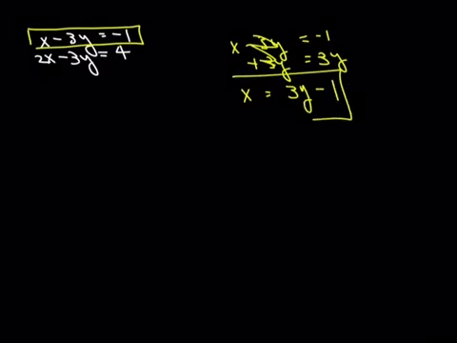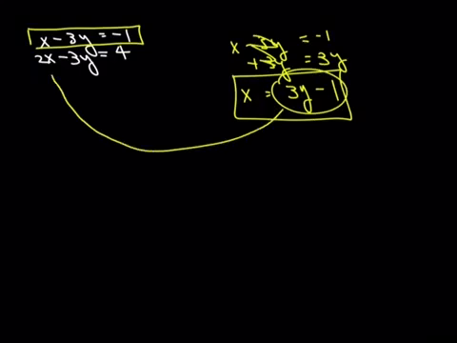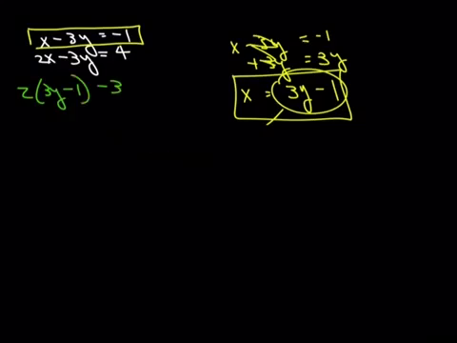So now I know what x equals, 3y minus 1, so now I can put that right there. So let's go ahead and do that. Now wherever we see an x, we're going to put 3y minus 1, and then minus 3y equals 4. So this minus 3y is that one.